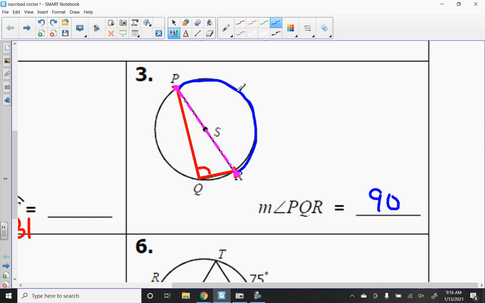Its arc is 180. The inscribed angle is half of that. So that means if its arc, the blue arc, is 180, this has to be half. Any angle whose endpoints are a diameter is always a 90-degree angle. That works every time. You'll definitely see that again.